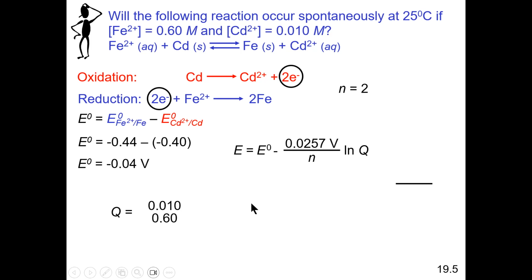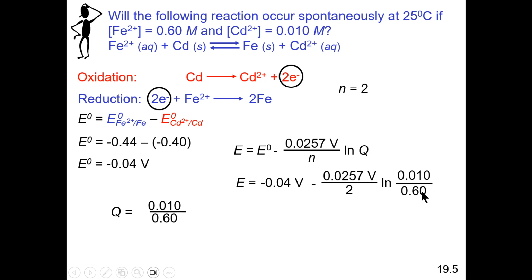And remember, Q is the reaction quotient, which is equal to this right here, right? It is the concentration of the Cd2+ divided by the concentration of the Fe2+, right? So that's 0.010 divided by 0.60. So that's what we have here, and that will go where Q is.